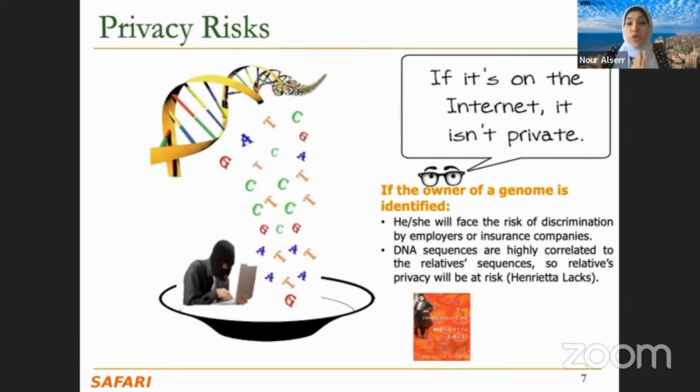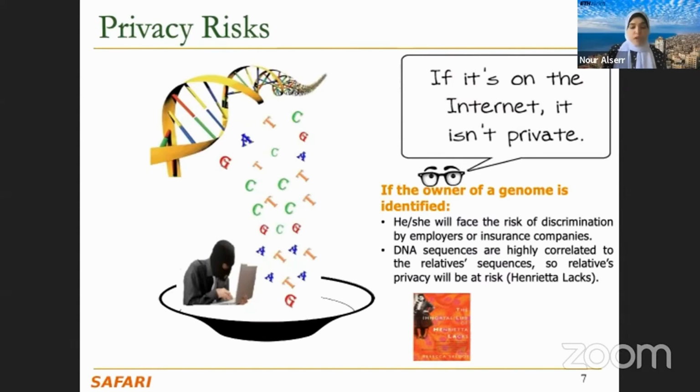And it's not only about one individual's privacy, we are talking about the whole family. I think you know the example of Henrietta Lacks, and Mohammed already mentioned it. You can read more about how the whole family suffered from privacy risks because of the genome of one of the family members.